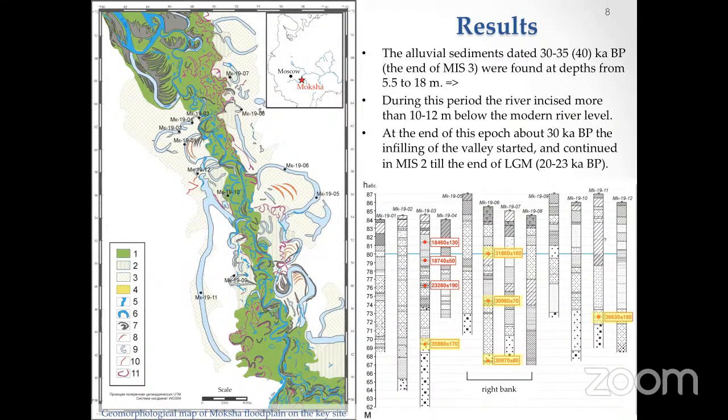And this incision was connected with the increase of the river runoff associated with climatic changes. At the end of this epoch, about 30,000 years BP, the infilling of the valley started, and it continued in marine isotope stage 2 till the end of the late glacial maximum and a little bit longer.